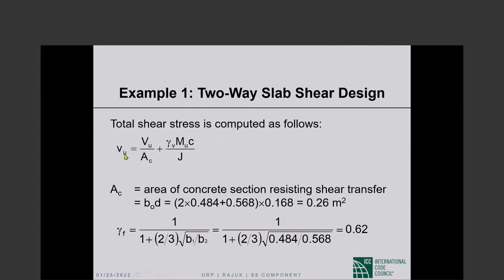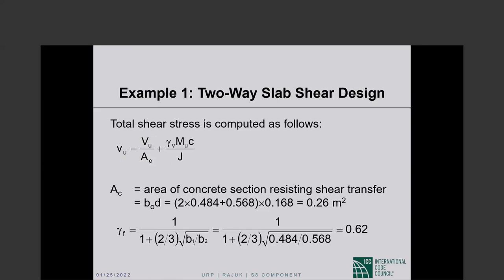The shear stress on the critical face, the plus gives us the largest shear stress, obviously. When it is minus on the opposite face, that will be a lower shear stress. That shouldn't cause us any problem. So V sub U, this is the direct shear that we just calculated. A sub C is the total area of the three faces of the critical section.